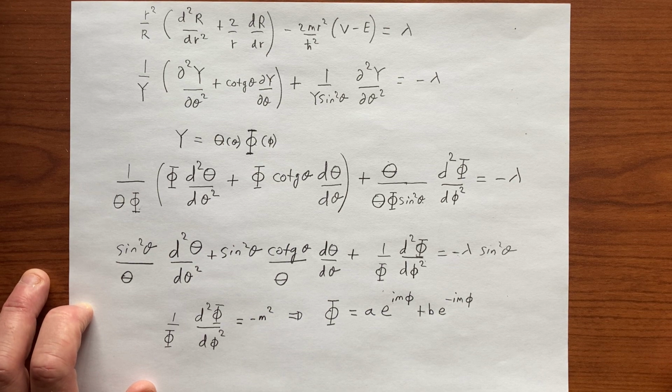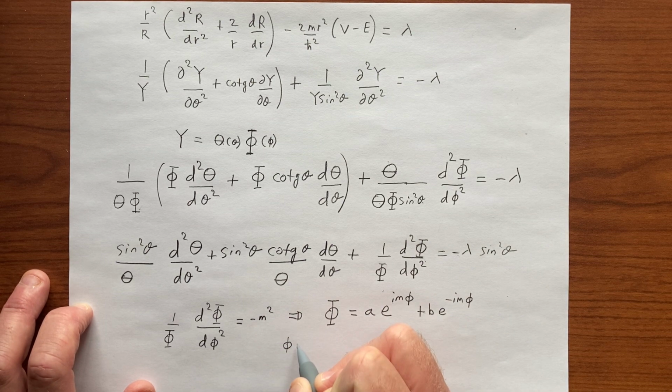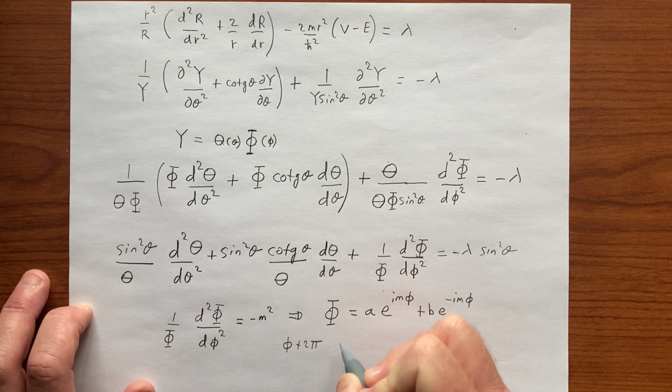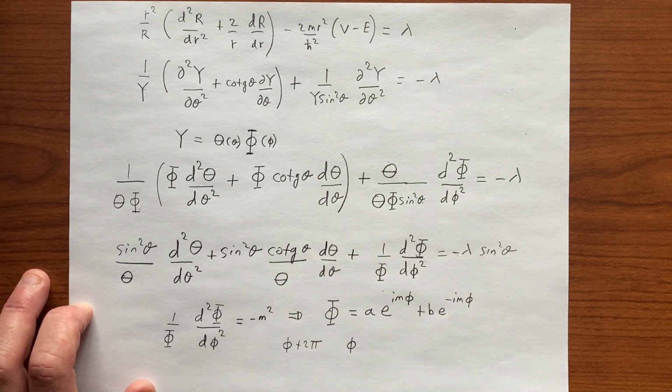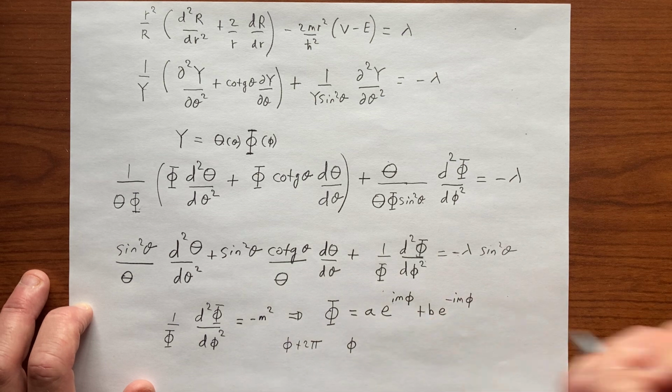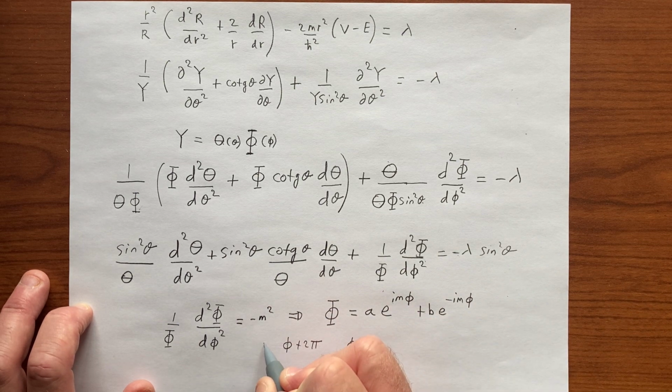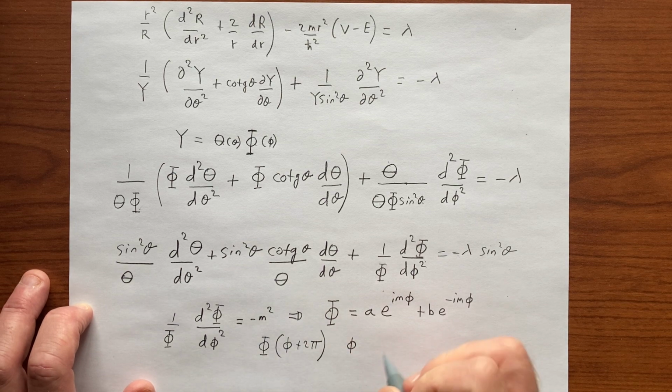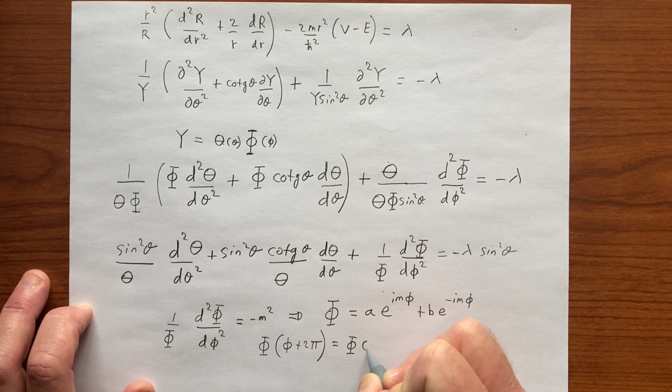These are the exponential functions. And so m in general can be complex, but we notice that phi plus 2 pi is the same location as phi, right? We're just dealing with the angle phi. And so capital Phi of that must be equal to capital Phi of phi.